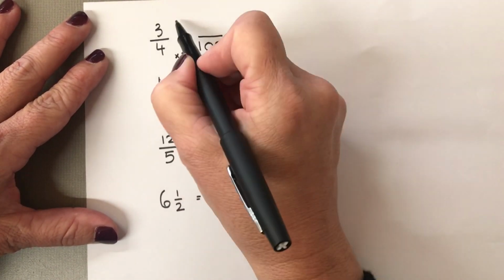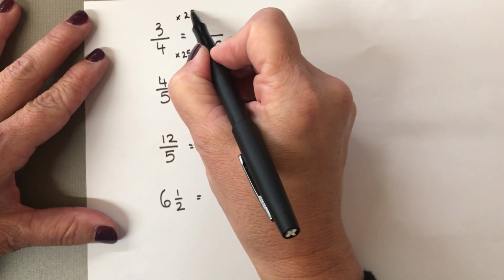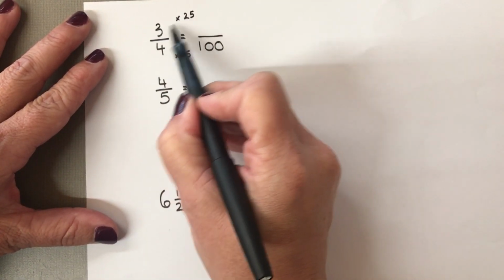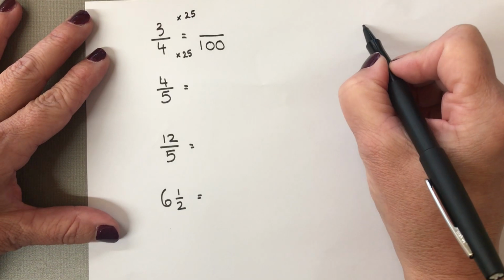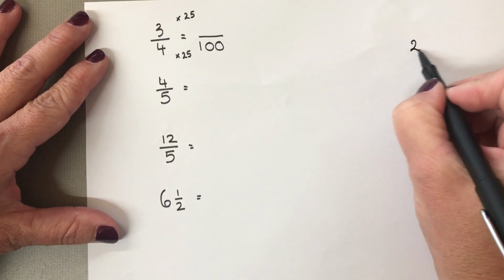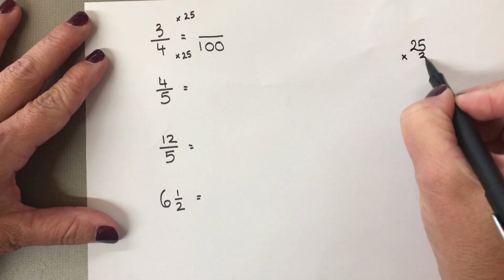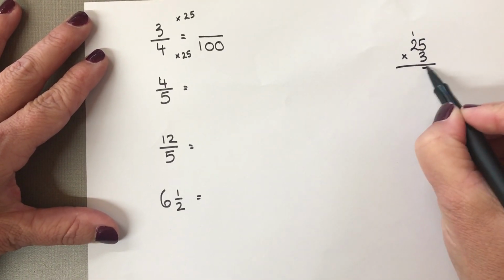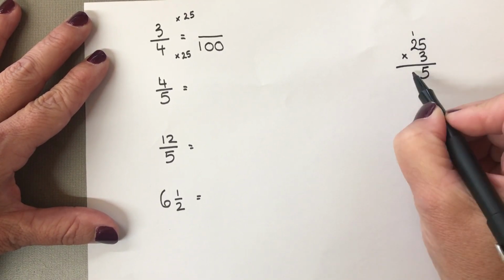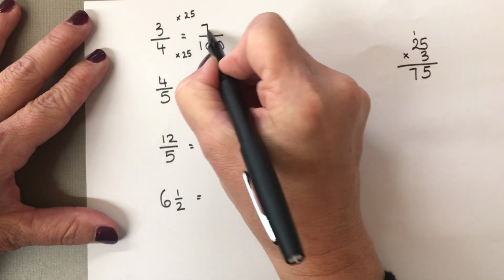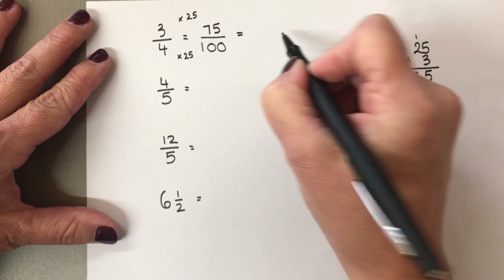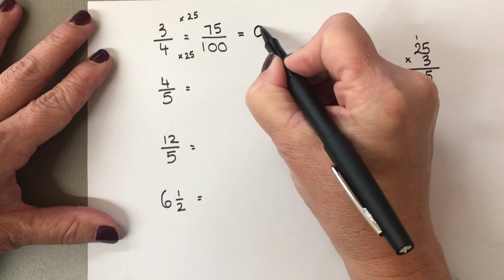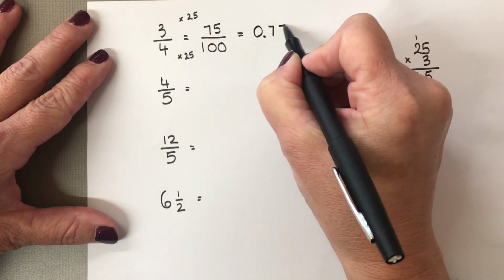So what we do to the bottom, we do to the top. And if you can't do 3 times 25 in your head, you can do 25 times 3 on the side. 3 5s are 15, 3 2s are 6, plus 1 is 7. It's going to be 75 hundredths, and we have 0 wholes and 75 hundredths.